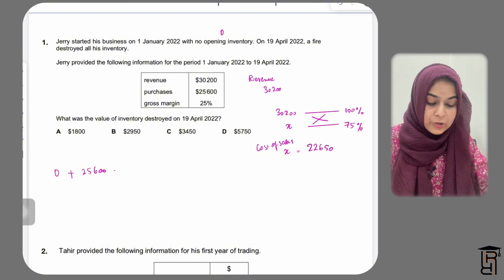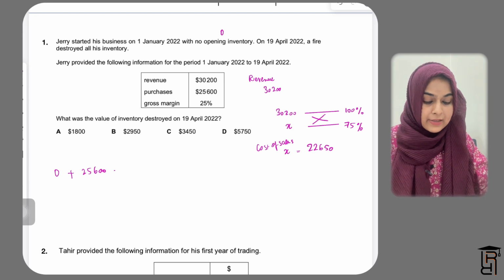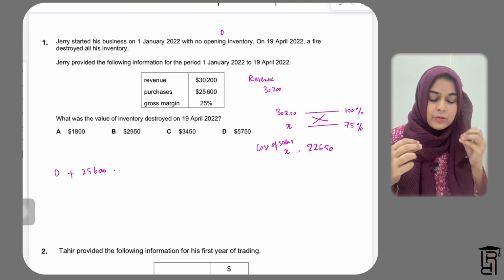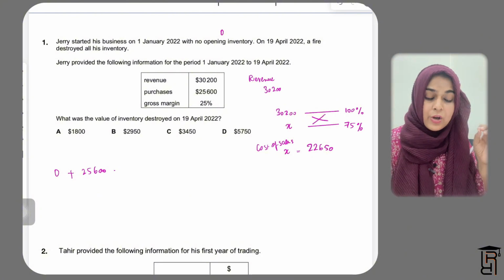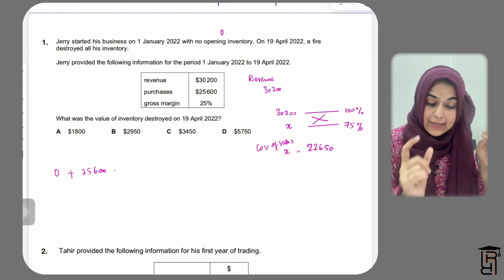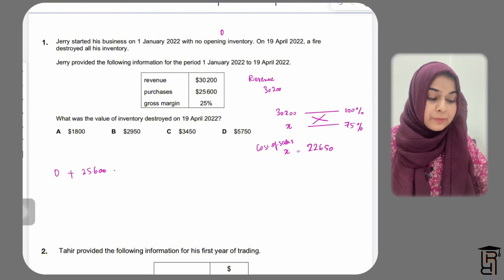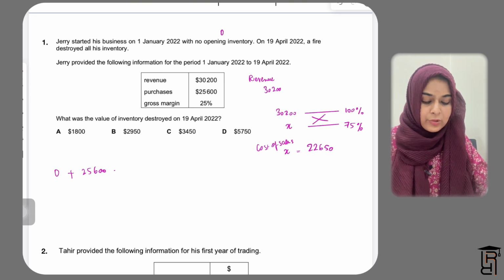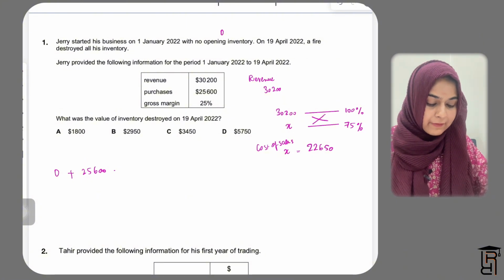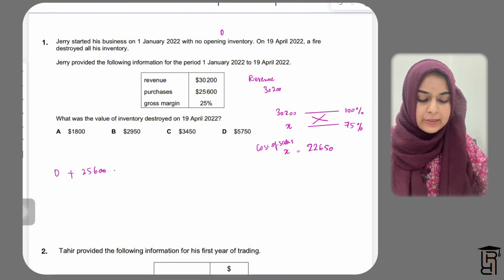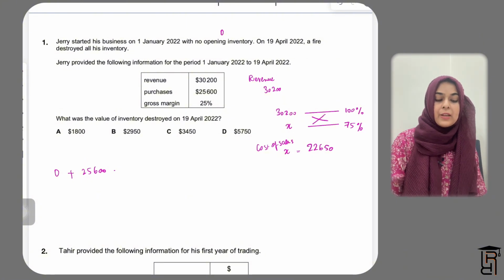So we subtract that, our closing inventory in the warehouse, and we assume the inventory destroyed in the fire was X, and it must equal 22,650. When we find the value for X, it comes out to be 2,950. So the answer here is 2,950.